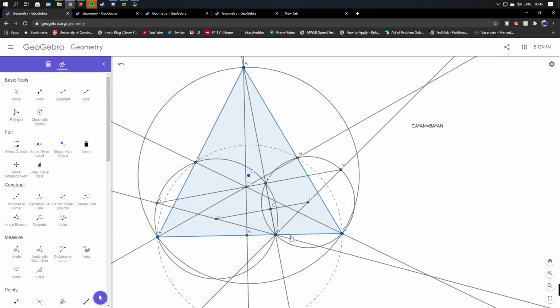Therefore, it must lie on the line that passes between the two intersection points, which is precisely WF, which means that is a straight line.